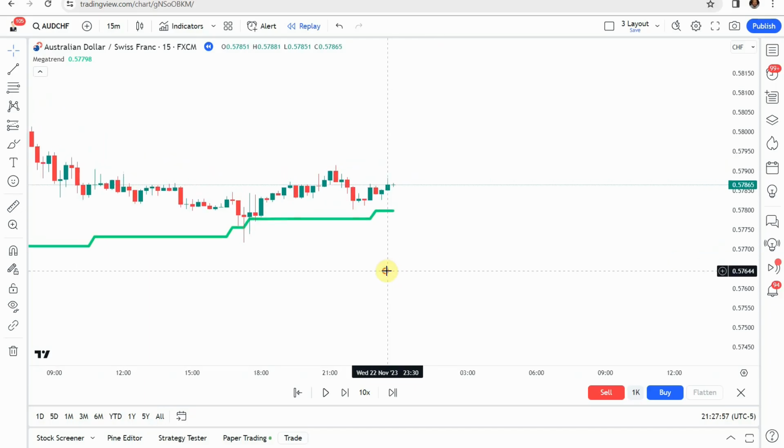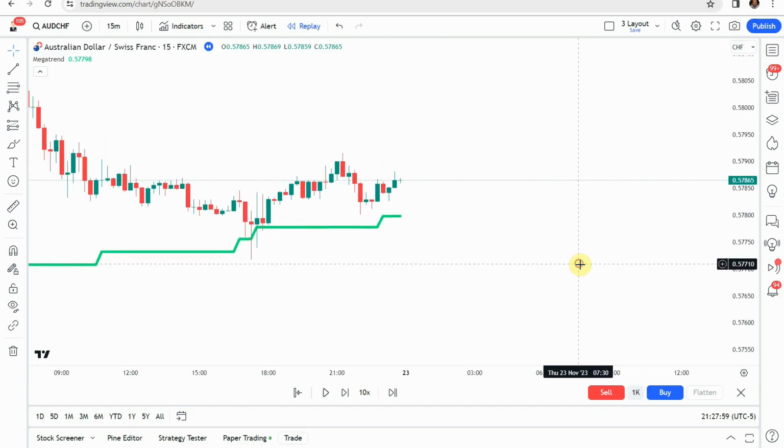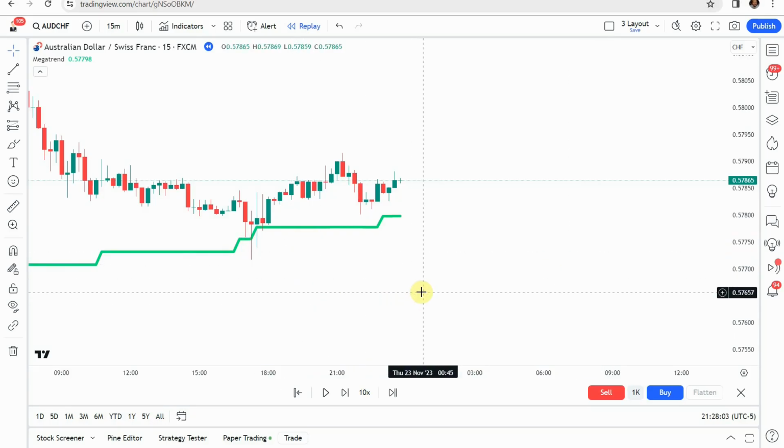Alright, so let's go ahead and go over the numbers on this strategy. So we did the 50 trade test like we normally do. Out of those 50 trades, we got 22 winning trades, 28 losing trades, putting us at a 44% win rate. So with the 1 to 1.5 risk reward, if on the winning side you were looking to gain $600 per winning trade, you would have gained a total of $13,200.